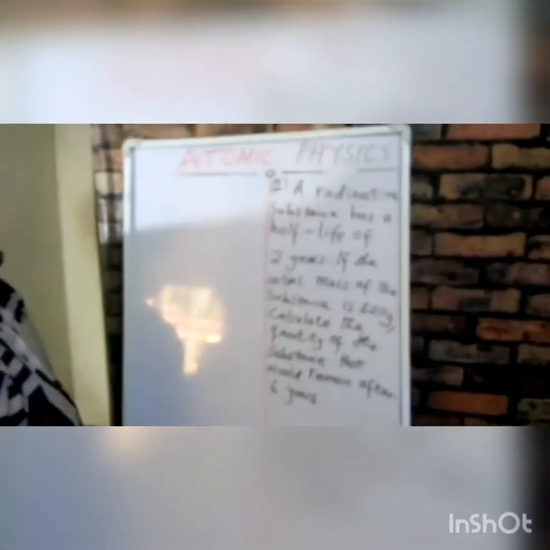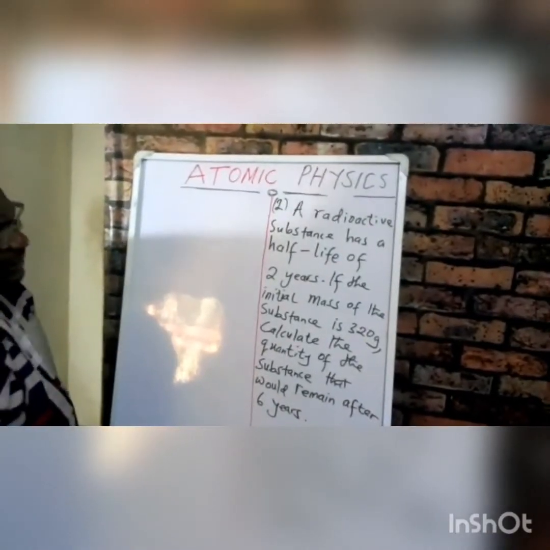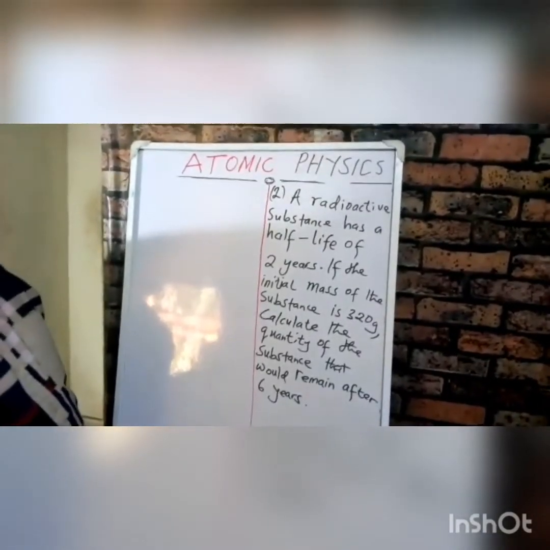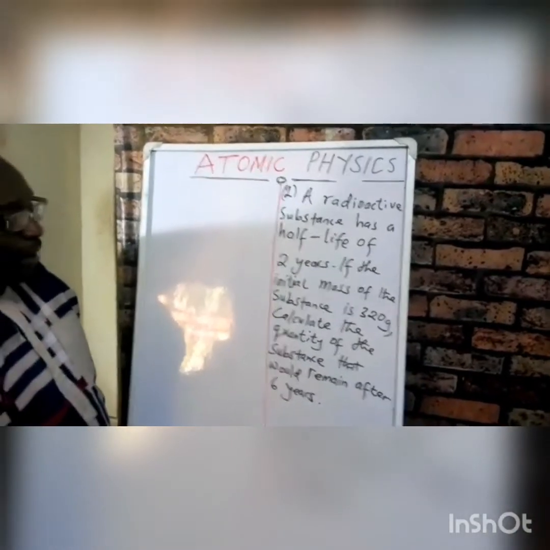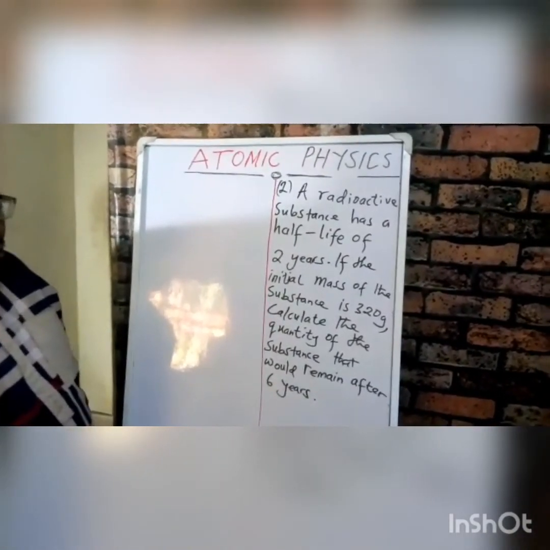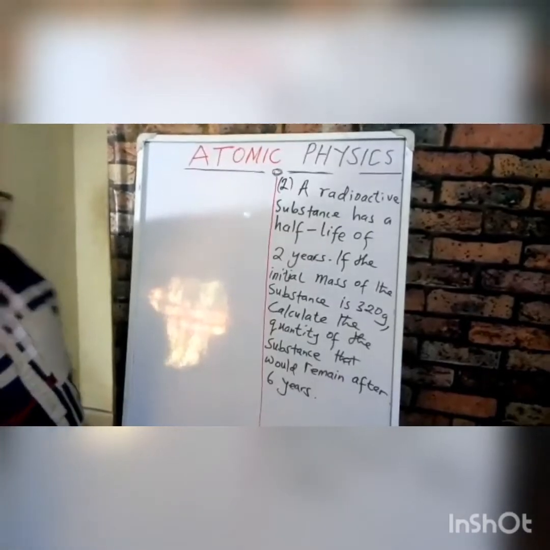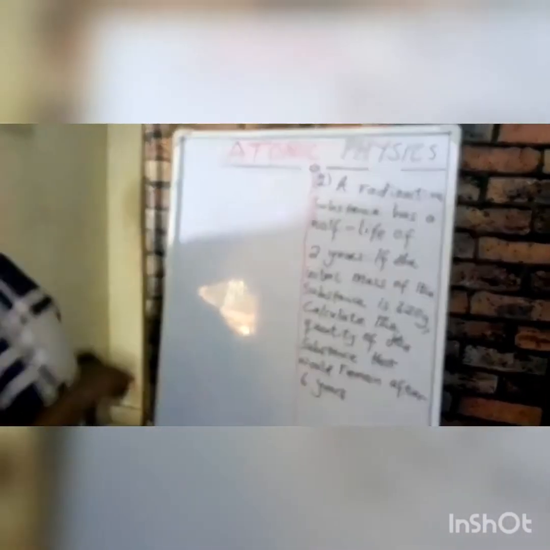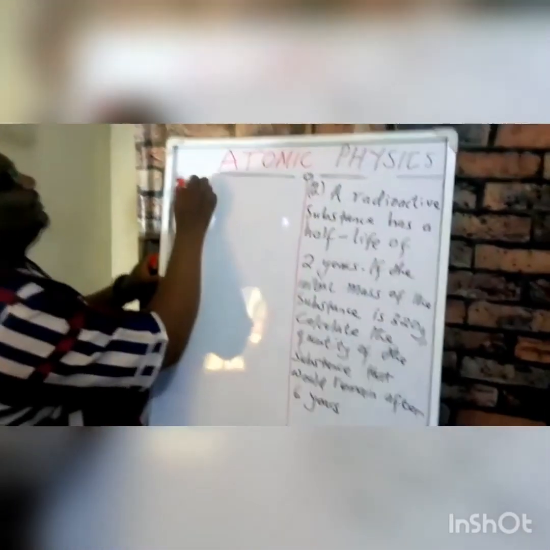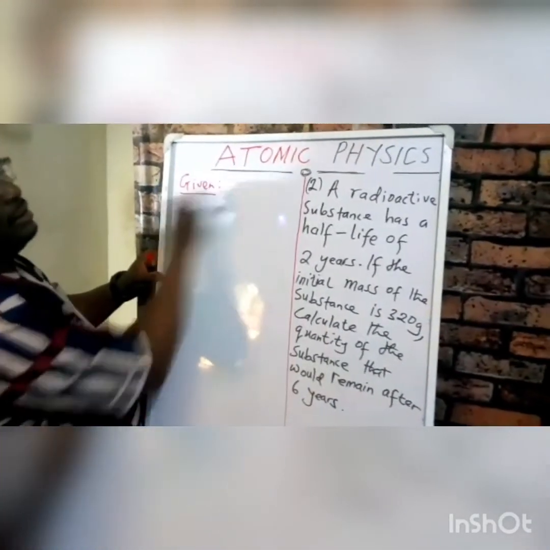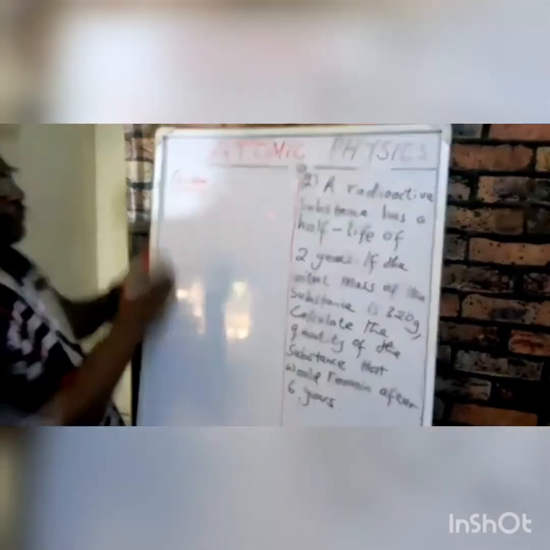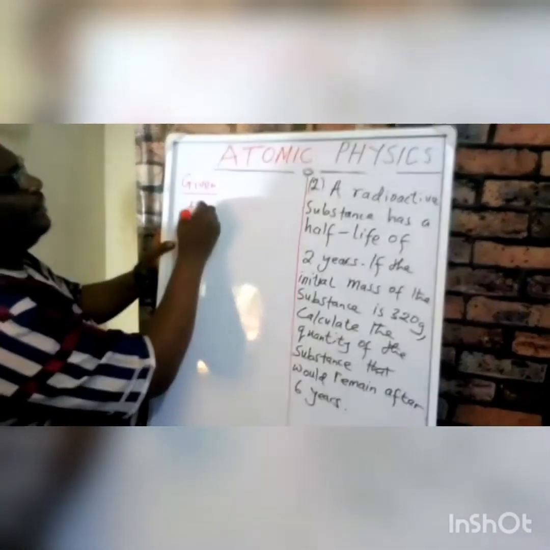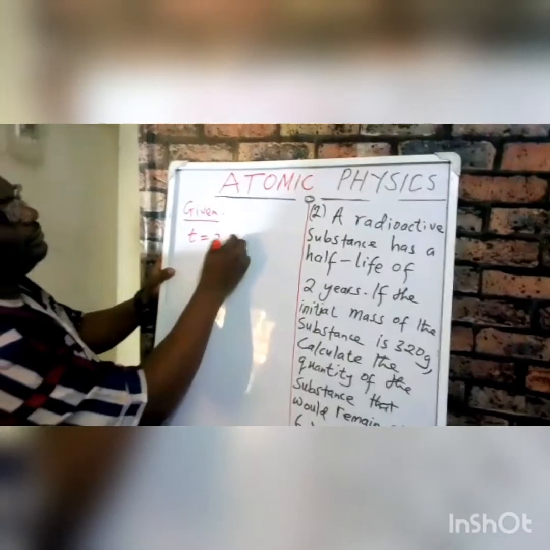On the board, we have a question that says a radioactive substance has a half-life of 2 years. If the initial mass of the substance is 320 grams, calculate the quantity of the substance that will remain after 6 years. Let's do the analysis. What are we given? T, the half-life, is 2 years.